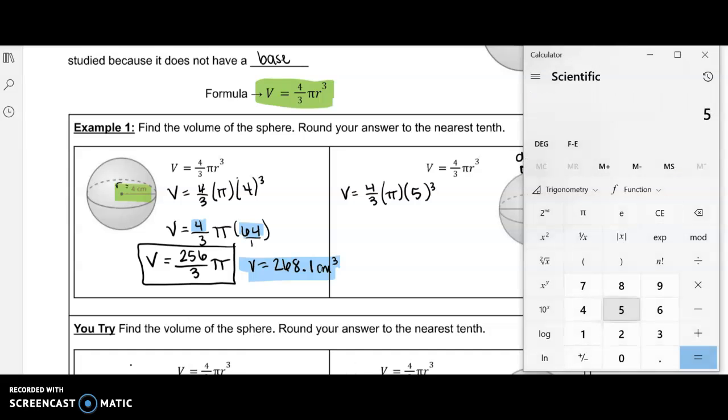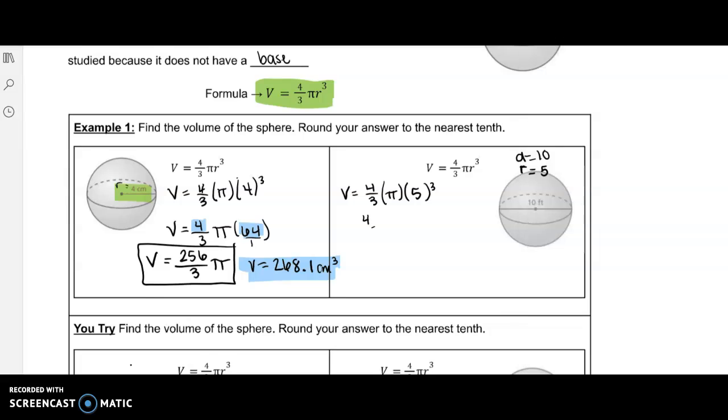So again, you can do 5 times 5 times 5, or you can hit 5, the XY button, so it adds a little caret there, and then to the 3rd. So that's 125. On our calculators at school, it just has a little caret button that you would press. So you have 4/3 times pi times 125.